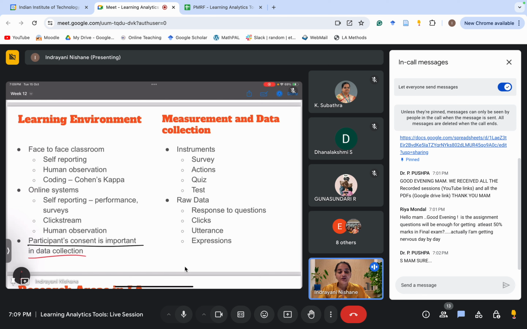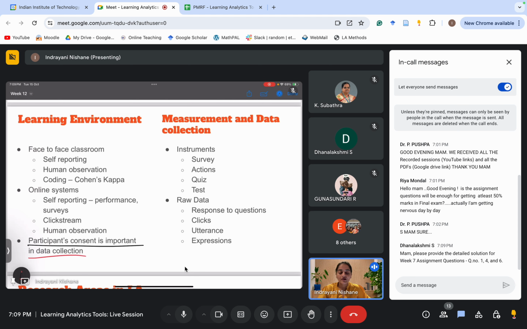You should give students the freedom to withdraw from the study whenever they feel like, or they can participate in your study but still not grant you the permission to use their data. That right also is with the participants. So they are free to participate in the study, but forbid you from using their data.